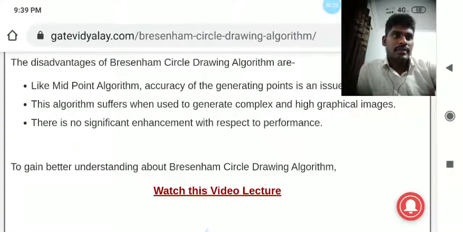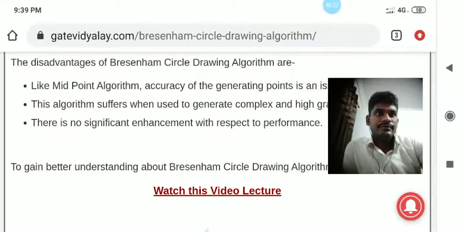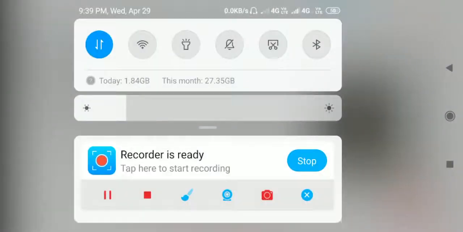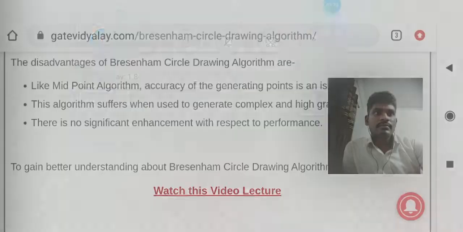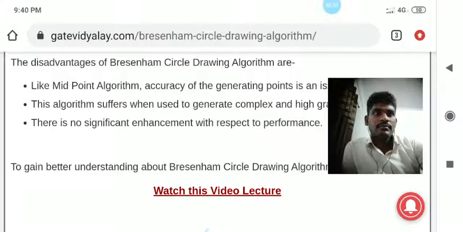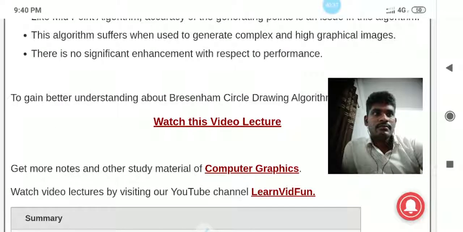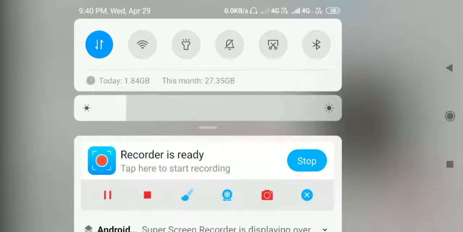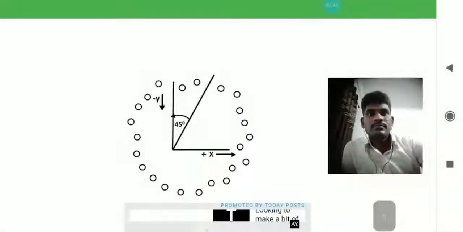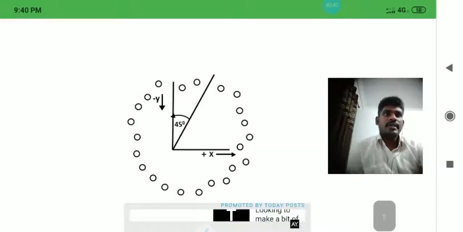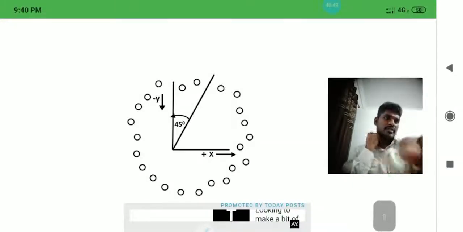When we see the output, look at here. This is a circle. Many pixels are there.